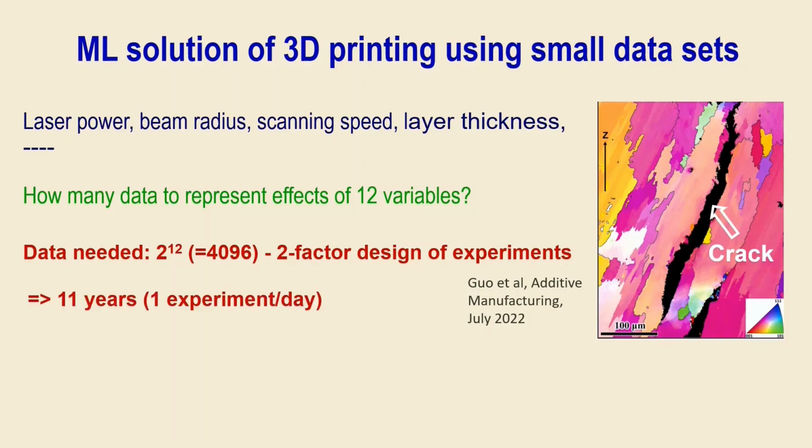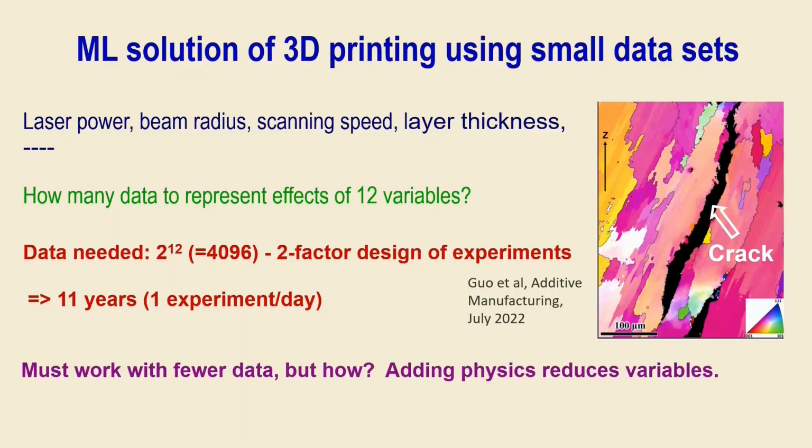And if we do one experiment daily, that means we will need to do experiments every day for the next 11 years to collect all the data we need to use machine learning to reduce cracks in printed parts. And that's a lot of data, so we must work with fewer data.